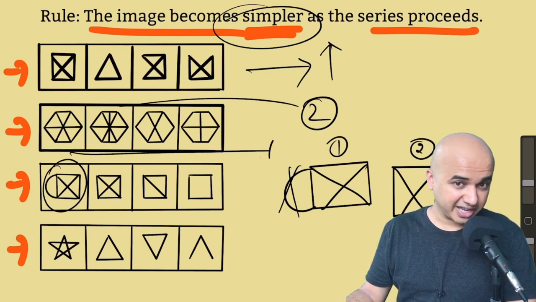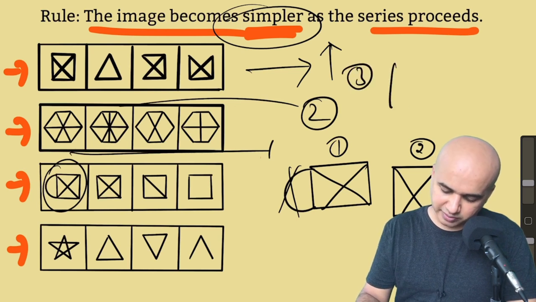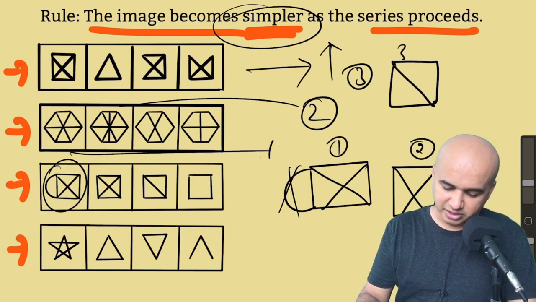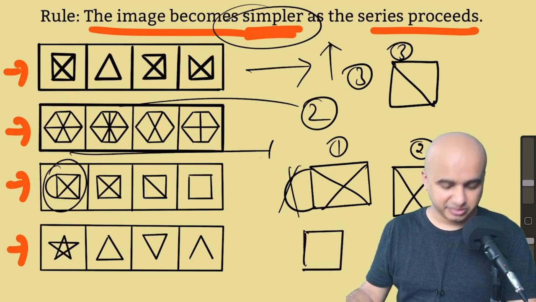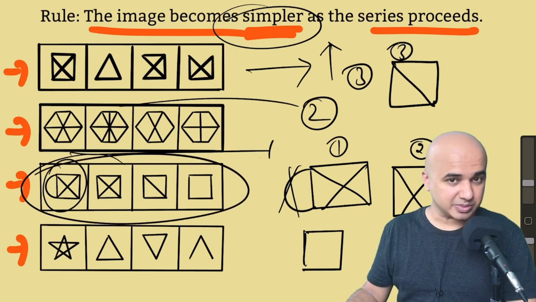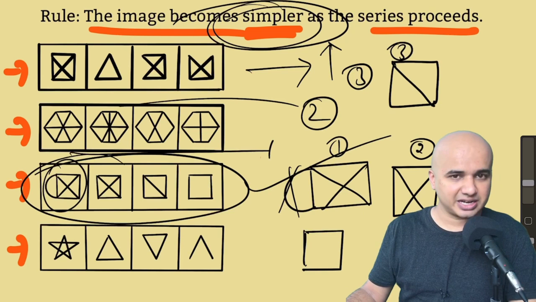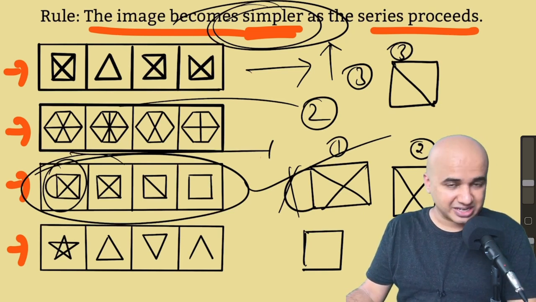That is fine. Now it has become slightly simpler. And in the third image we have just a square and just one oblique line here, so it is much simpler in the third image. And finally in the fourth image it is just a square. So now obviously this particular series, that is series number 3, is fitting this rule, and hence we can straight away select this option.